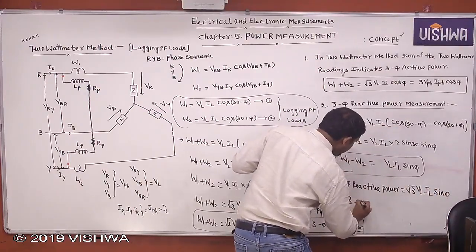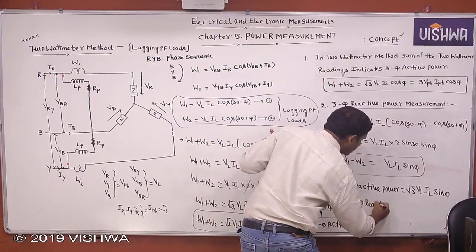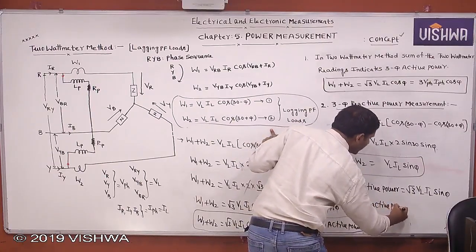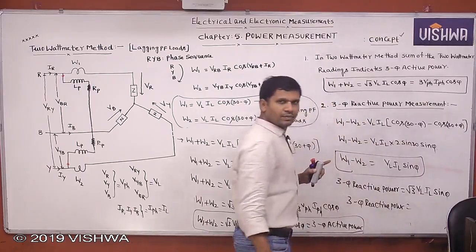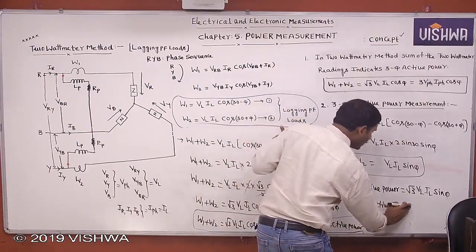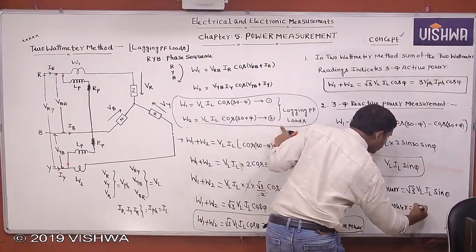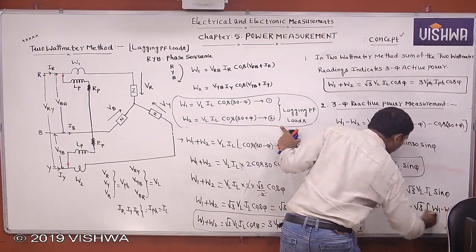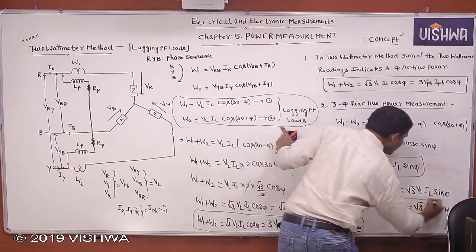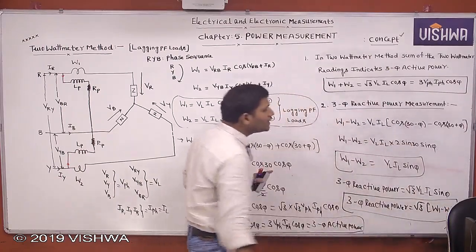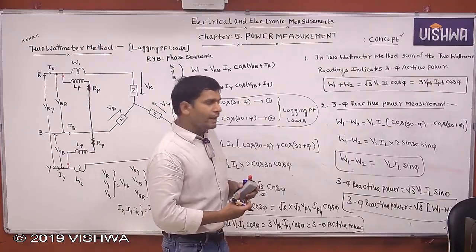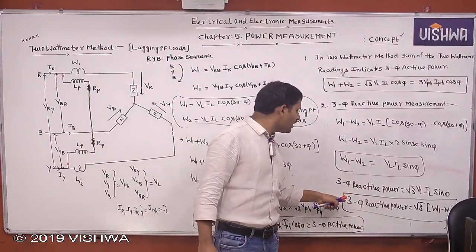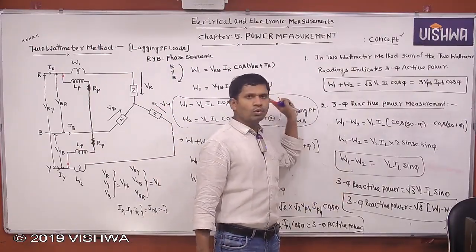Therefore, by knowing the 2 wattmeter readings, how to calculate the 3 phase reactive power? Root 3 into W1 minus W2. Subtract the 2 wattmeter readings, multiply with root 3, and that gives the 3 phase reactive power. Yes, this is the measurement of 3 phase reactive power using the 2 wattmeter method.